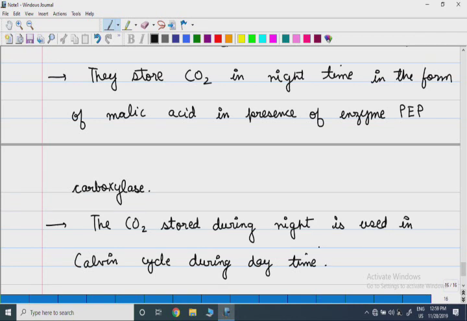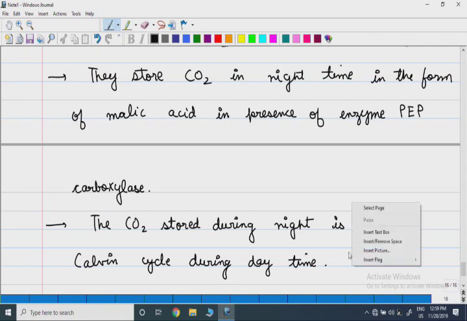Also, at the daytime, whatever respiration is happening, that is also used in photosynthesis.